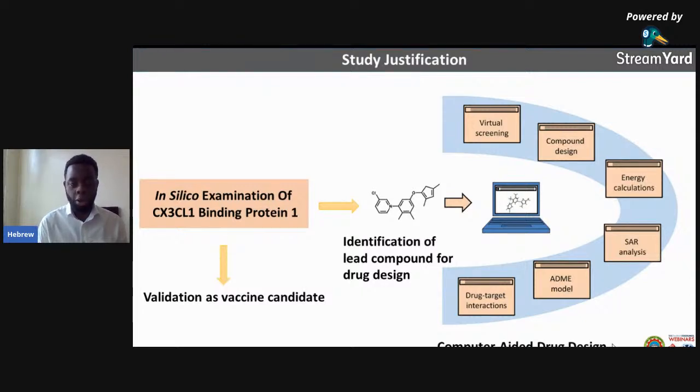So if we are able to antagonize its activity, then we are able to suggest ways of actually indirectly curing severe falciparum malaria, which causes a lot of mortality, especially in sub-Saharan Africa, where I'm from.